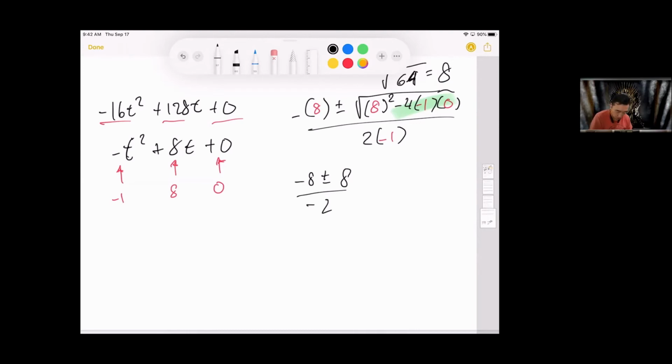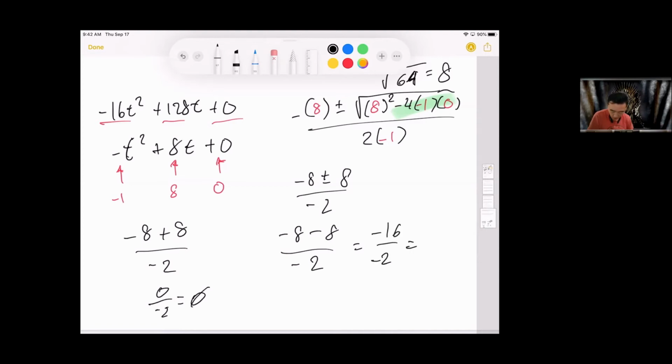So let's see here. Negative 8 plus 8 over negative 2. Negative 8 minus 8 over negative 2. This gives me 0 over negative 2, which equals 0. And we knew that one of them was going to be a 0. And the other one is negative 16 over negative 2, which is 8.